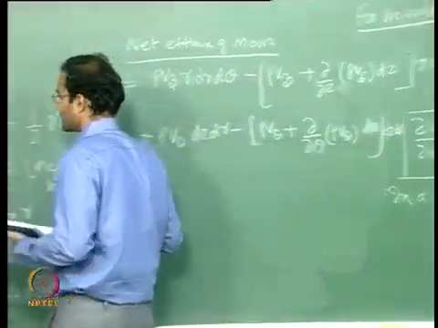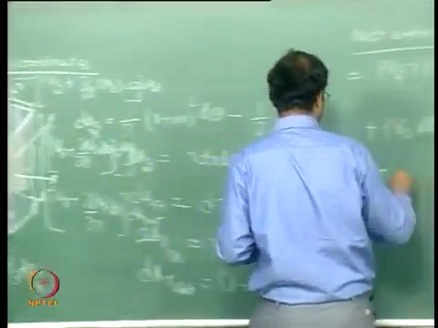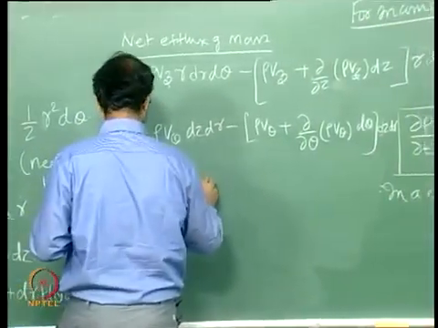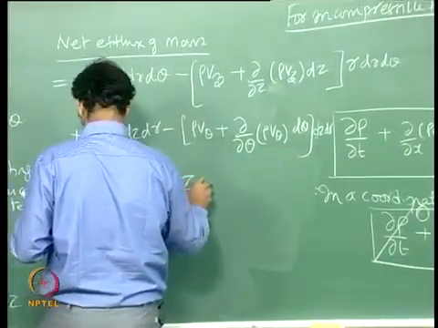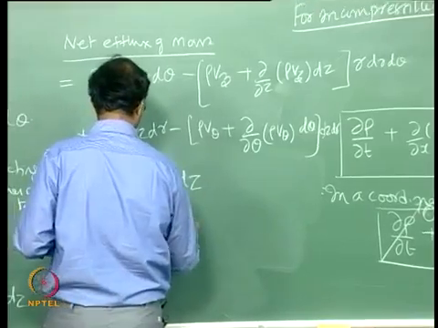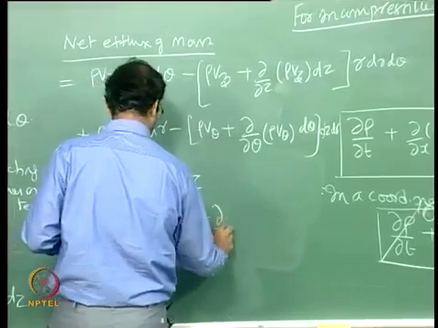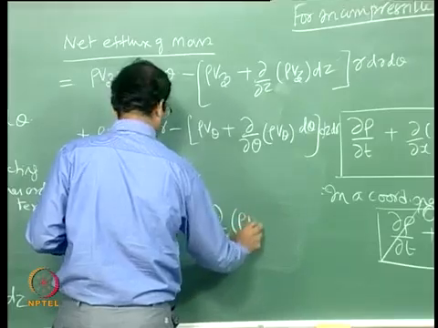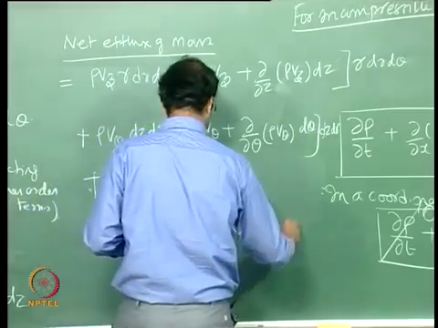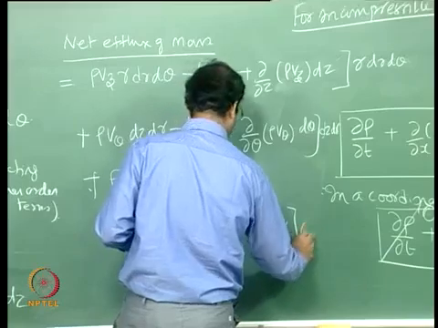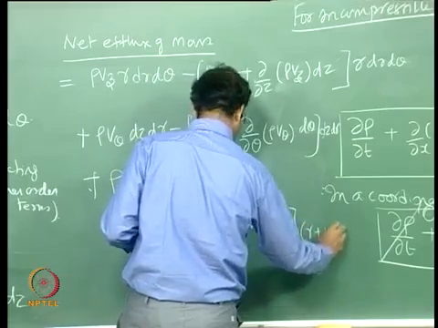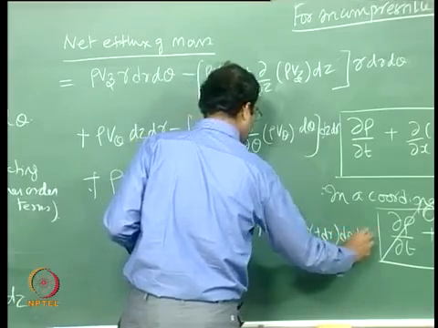plus the net efflux of mass in the radial direction, which is rho Vr into r d theta into dz minus rho Vr plus d by dr of rho Vr into dr multiplied by r plus dr into d theta dz.